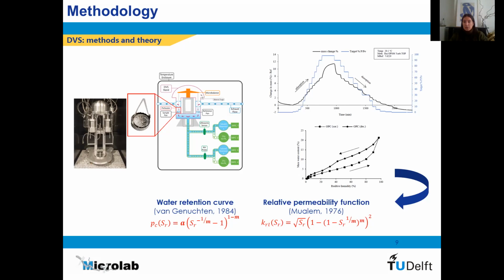With these sorption and desorption isotherms, provided that we use only one constant temperature, we could obtain the water retention curves, which is usually used to model moisture transport or any transport process in cementitious materials, and the relative permeability function, which is a reducing factor of the permeability as a function of the saturation of the material.